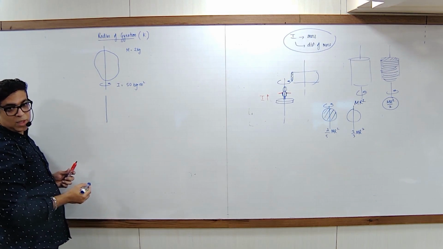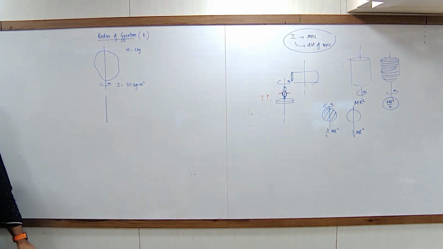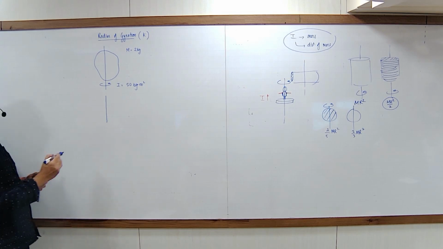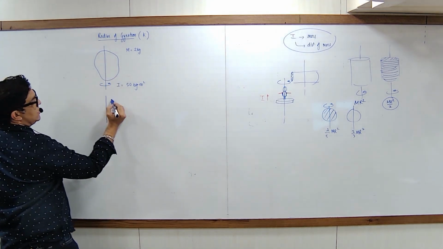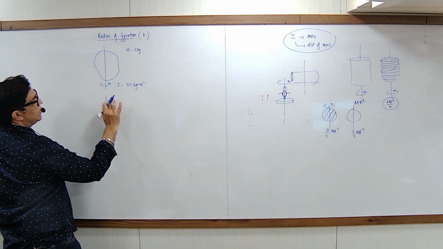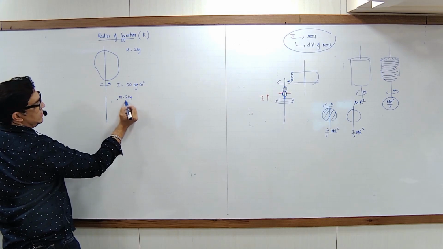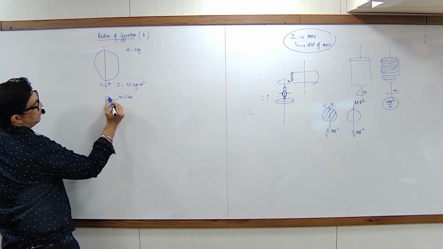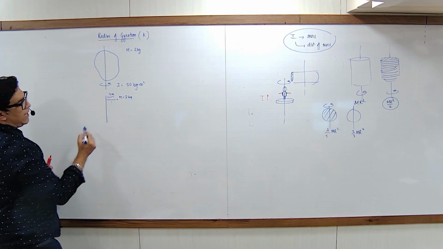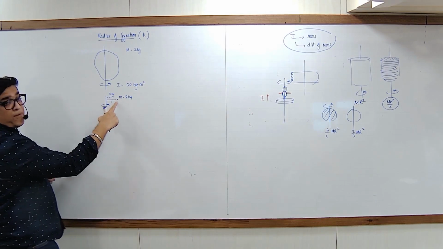You keep this point at a distance of 2 meters from the axis. What is the mass kept over here? 2 kg. And what distance is it kept from the axis? 2 meters. What is the moment of inertia of a point?